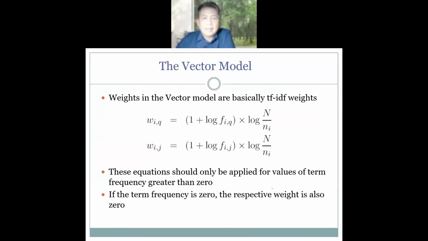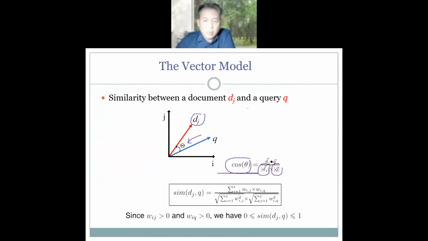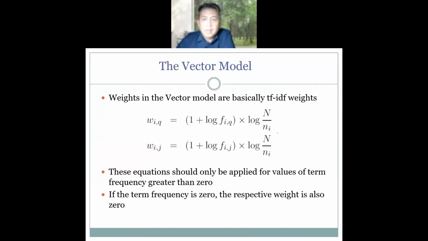Let's give one example. But before that, we have to understand the weightage that we are using here. This is the weightage for keyword i in document j. This is the weightage for keyword i in the query. Okay, so this is similar to what we had before.